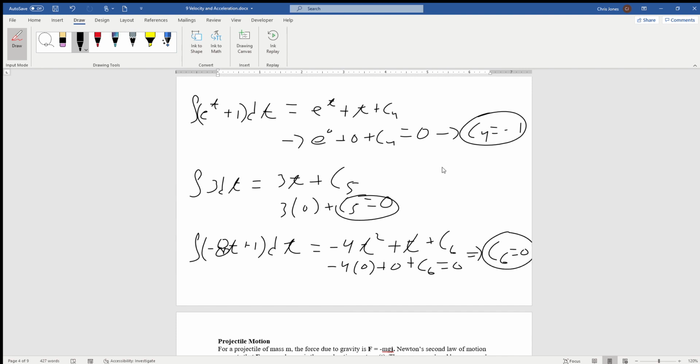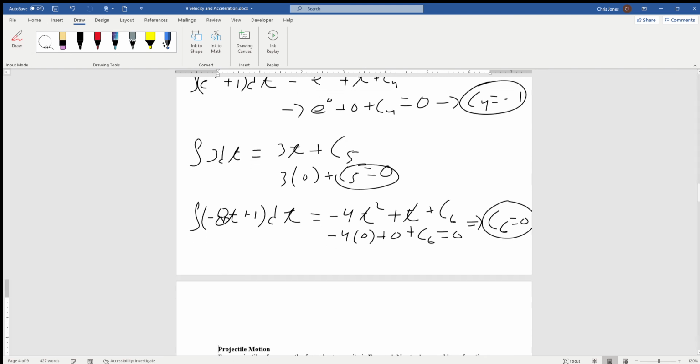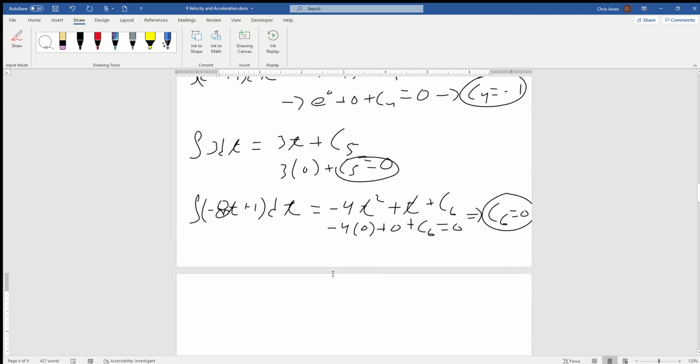Right? So now we can go ahead and get to our position function. And for our position function, r of t is going to be equal to, right?